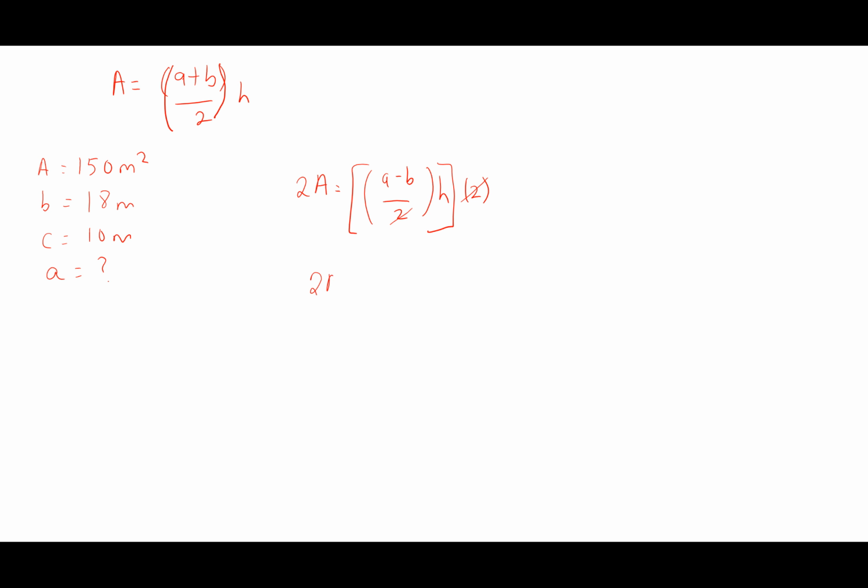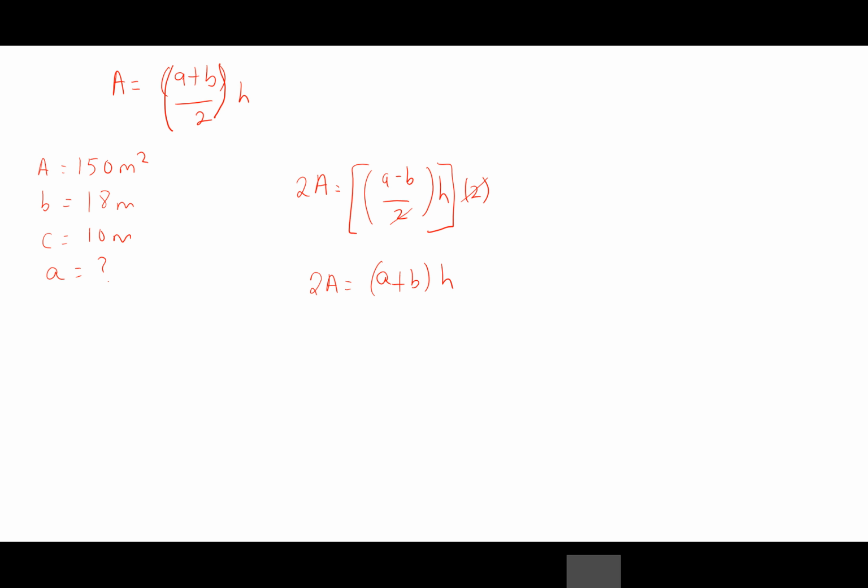So you're going to get 2A equals (a plus b) h. Okay, now again, remember we're solving for little a, so we still have to get it by itself.